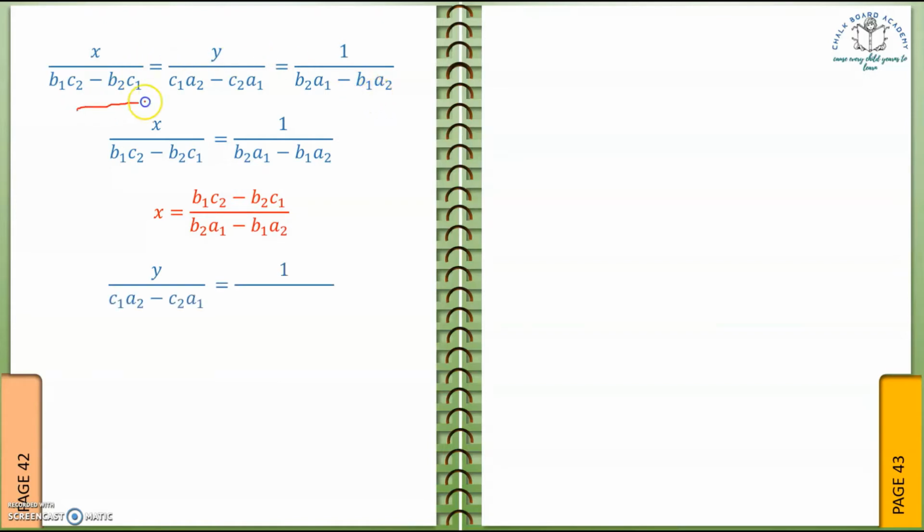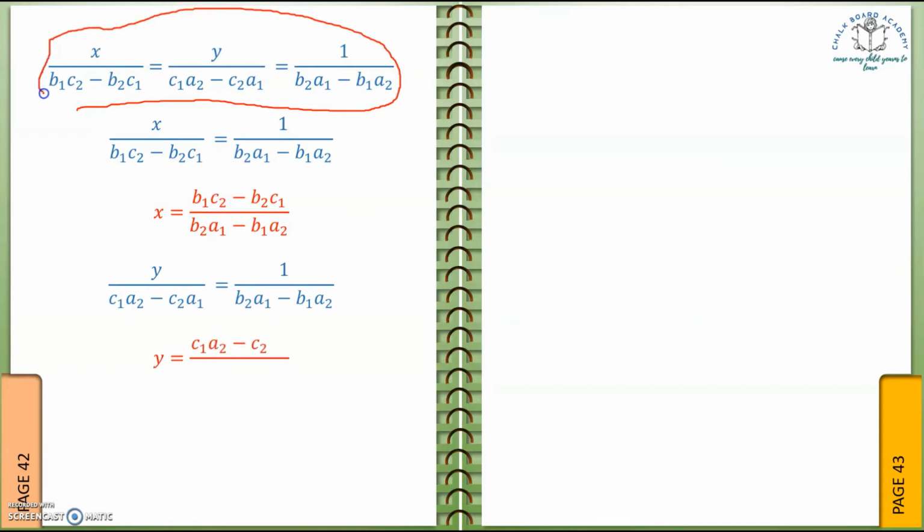We can simply leave these things here, or we can simplify further. So here now we have got these things. Whenever we are supposed to find the value of x, we are going to equate the first and third ratio, as we have done here.